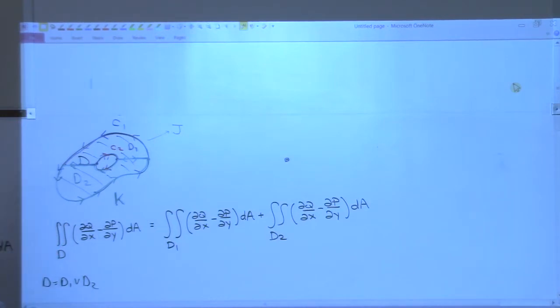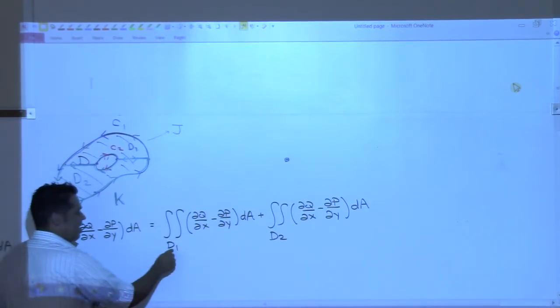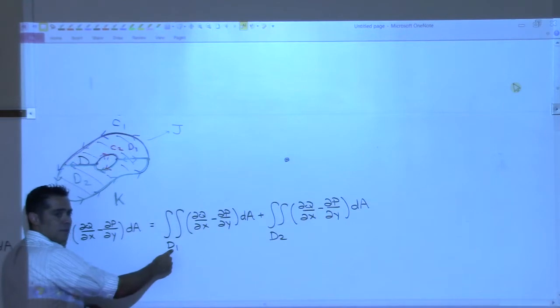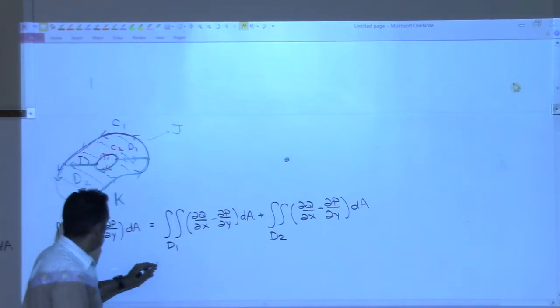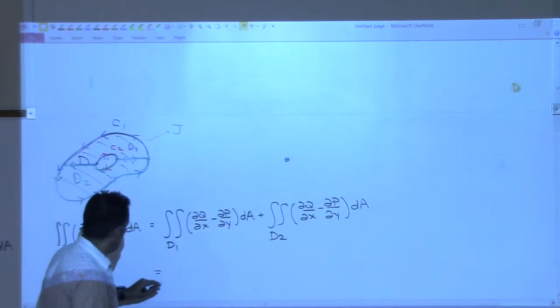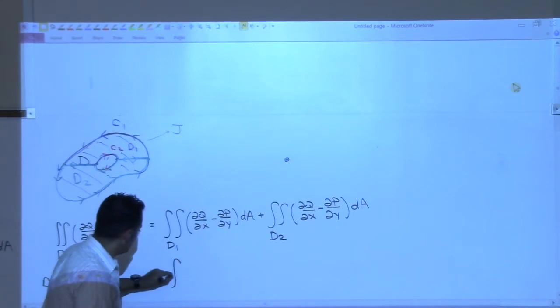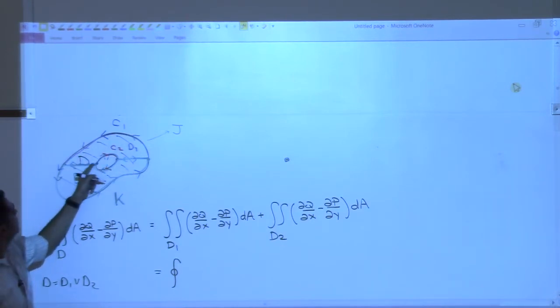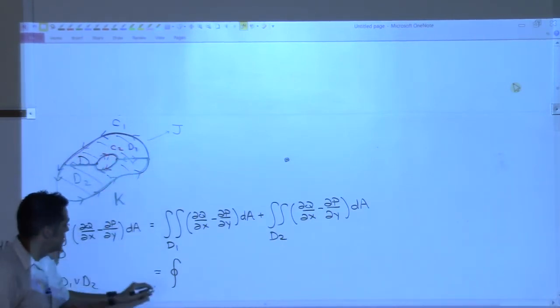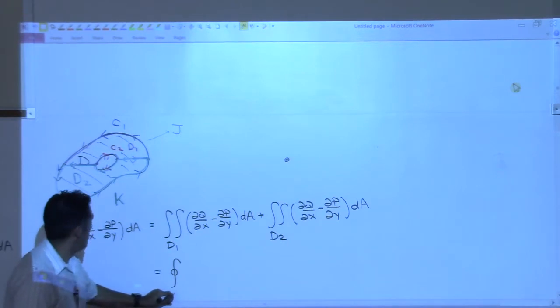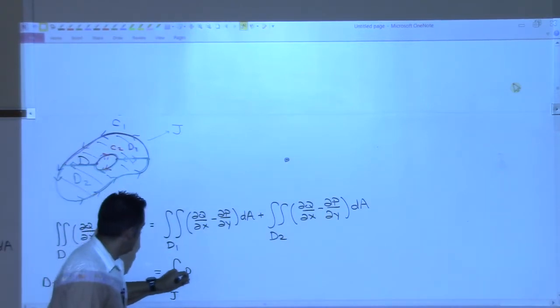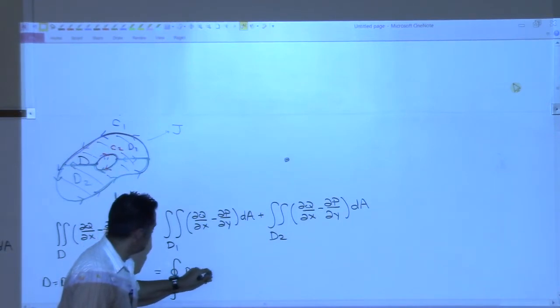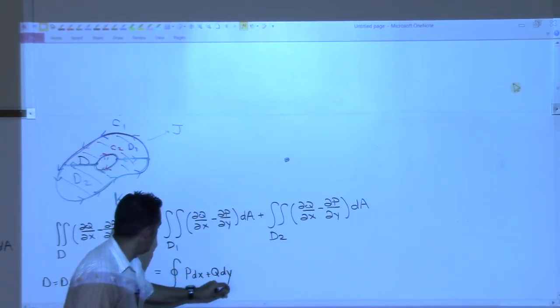I keep going. D1 doesn't have a hole. You said I could use Green's theorem then, right? So this, by Green's theorem, is the line integral over the closed curve what? So D1 is this one, which was J, right? So this is the line integral over J of P dx plus Q dy, right?